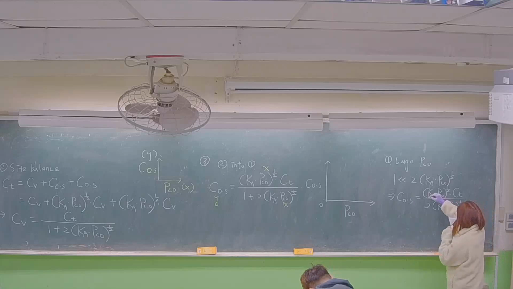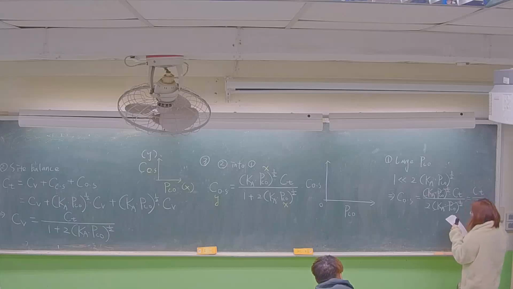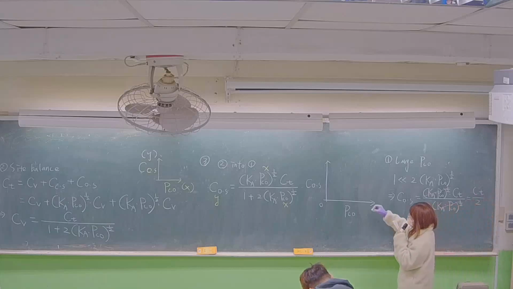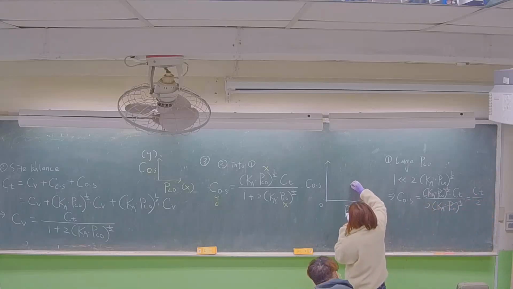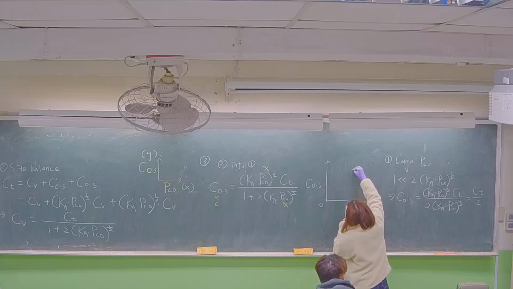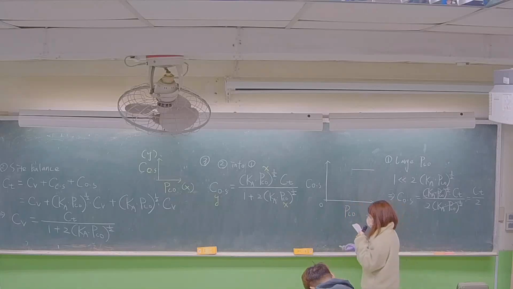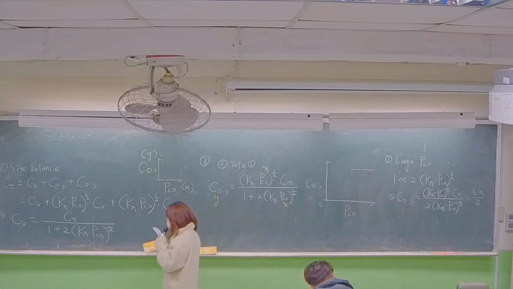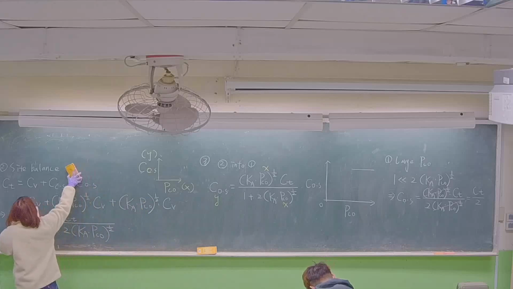And we can delete these two. I think if we start at a small P_CO, maybe easier to draw the curve, but it is okay. Large P_CO, okay, then small P_CO.